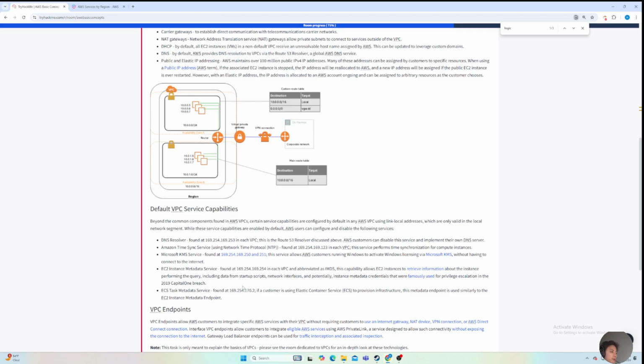EC2 Task Metadata Service found at 169.254.170.2. If a customer is using Elastic Container Service (ECS) to provision infrastructure, this metadata endpoint is used similarly to the EC2 Instance Metadata endpoint.